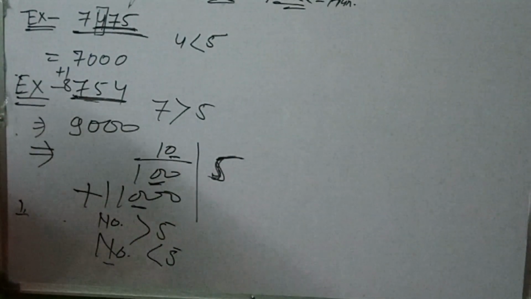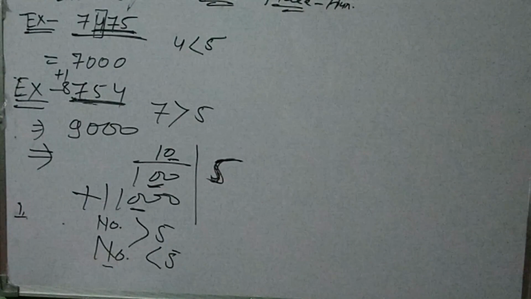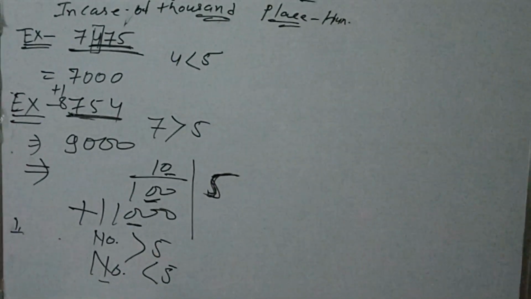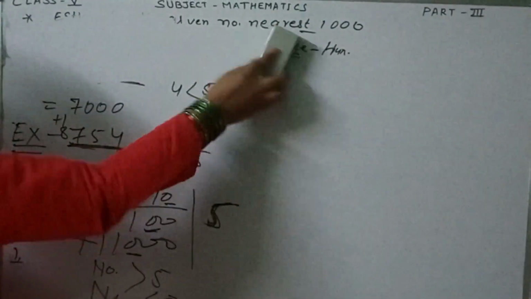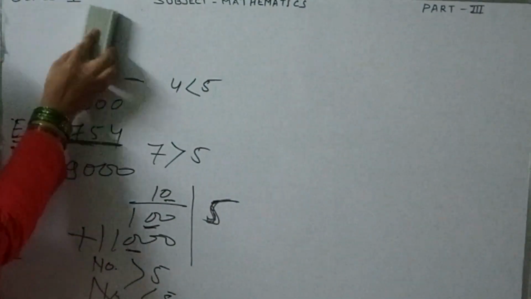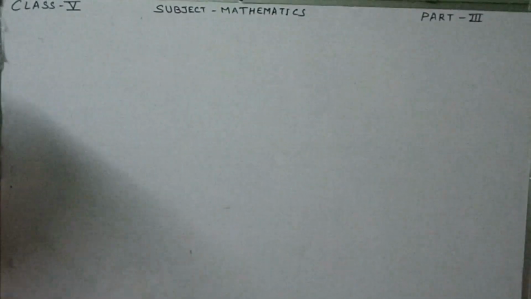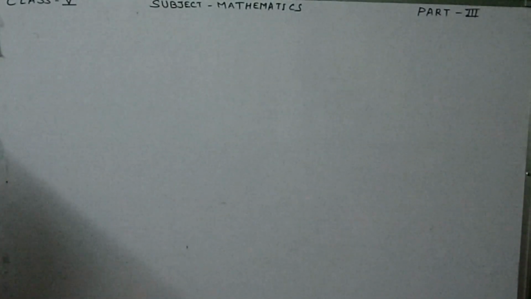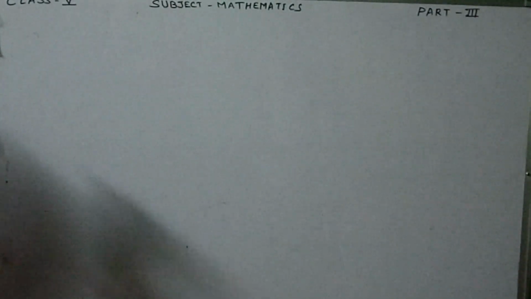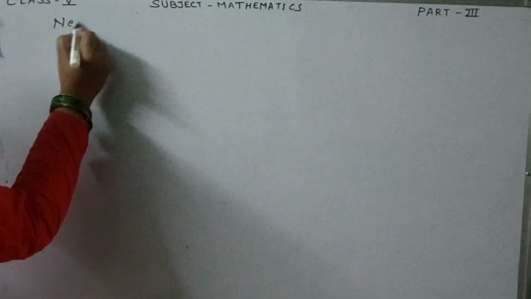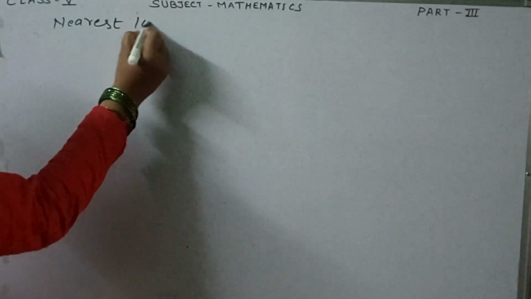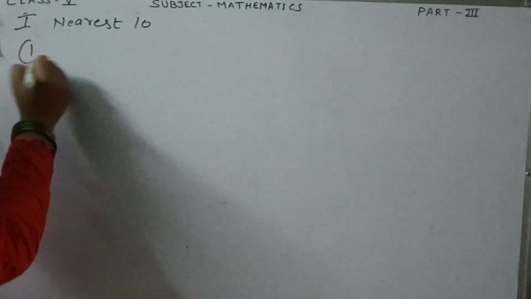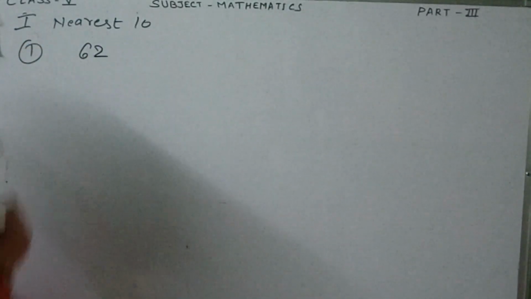Okay, now I will take one question from your book. The first question is find out the nearest 10 of the given number. First question is given here, 62.